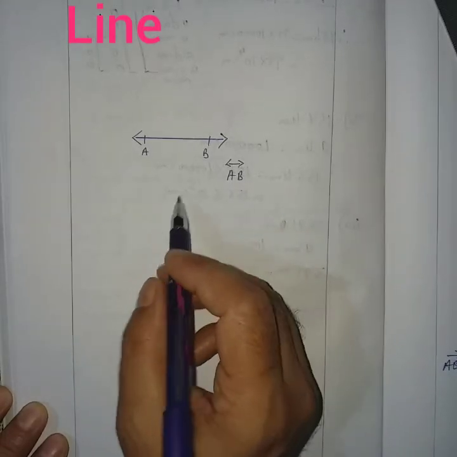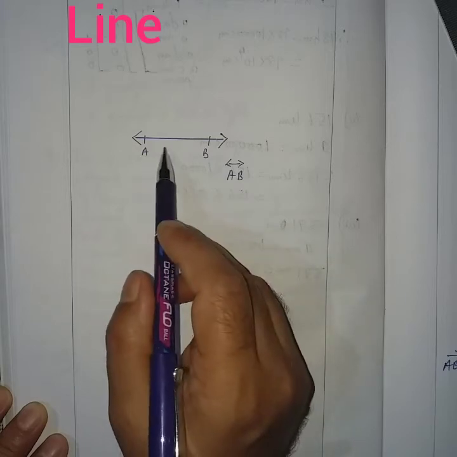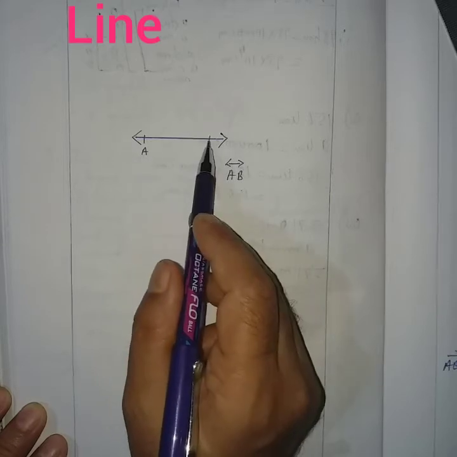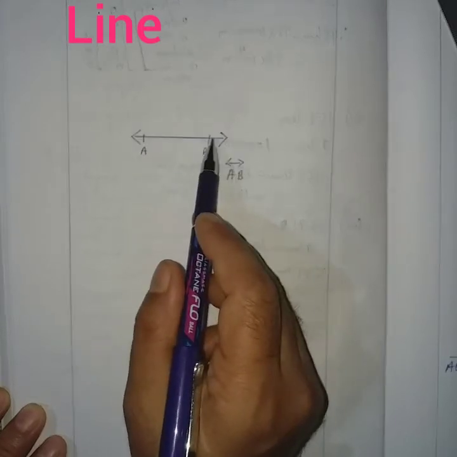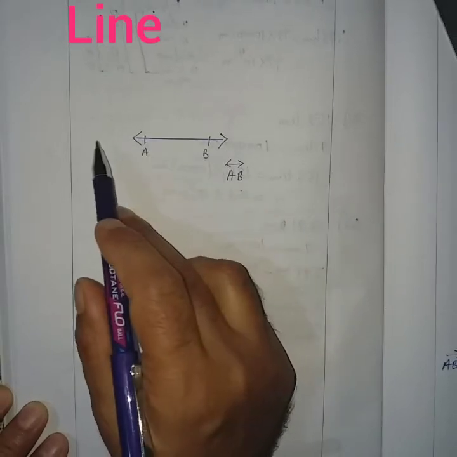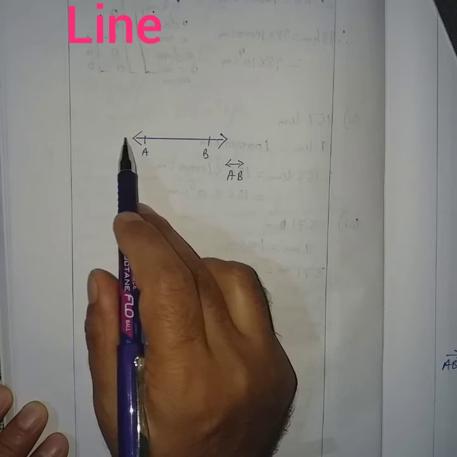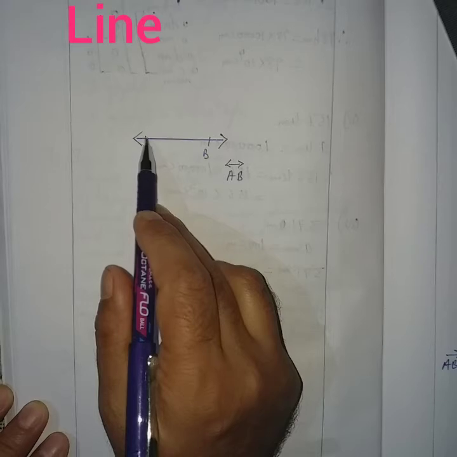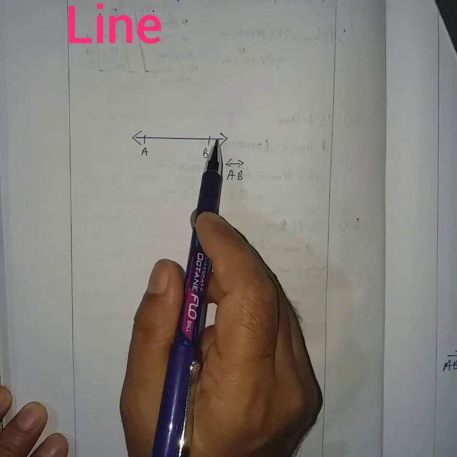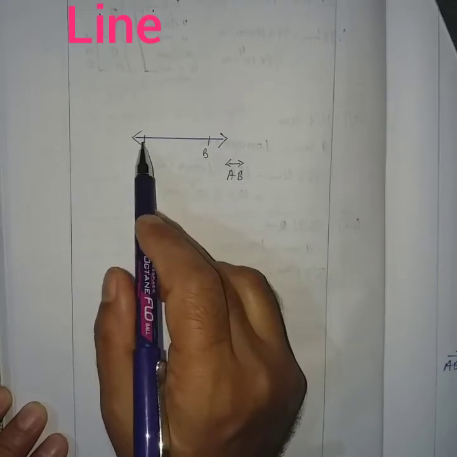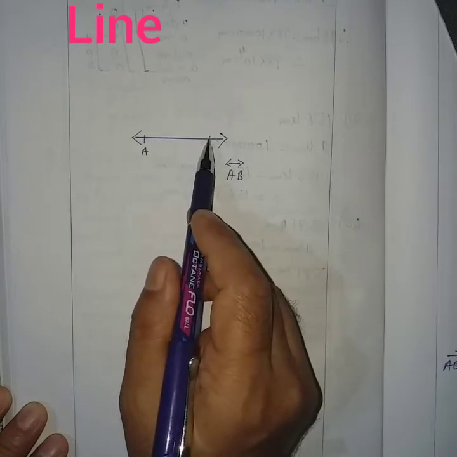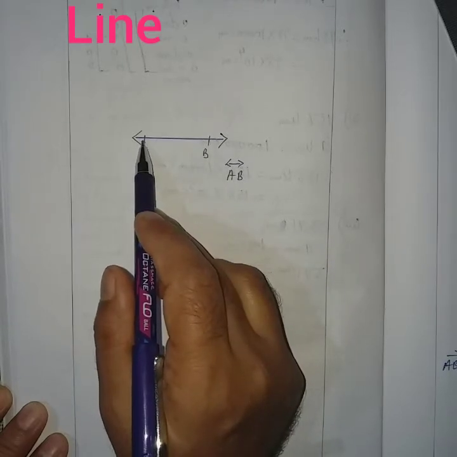Okay, so line is represented by this, and a line has no endpoints. And it has no definite length also. We cannot measure the length of the line as it is extending both the sides, so we cannot exactly say that from here to here. Starting point also we don't know, and where it is ending, that is also we don't know.